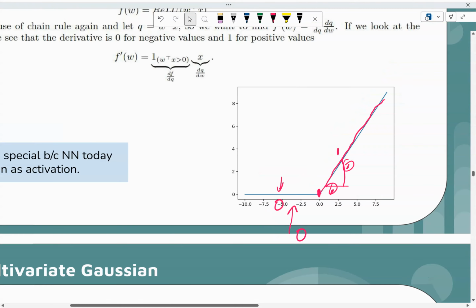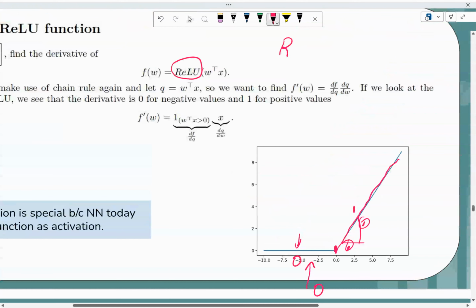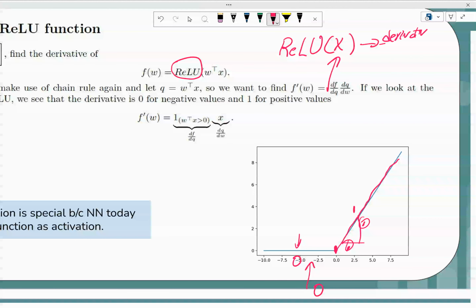Okay, so ReLU, right? If we just look at ReLU of x. Remember, if this value is negative, the derivative is going to be 0. If this value is positive, then the derivative is going to be 1.